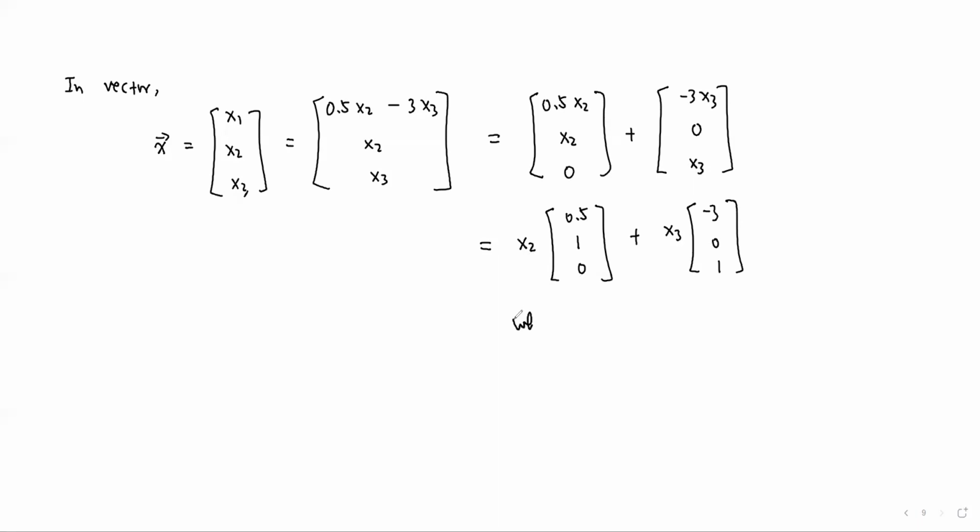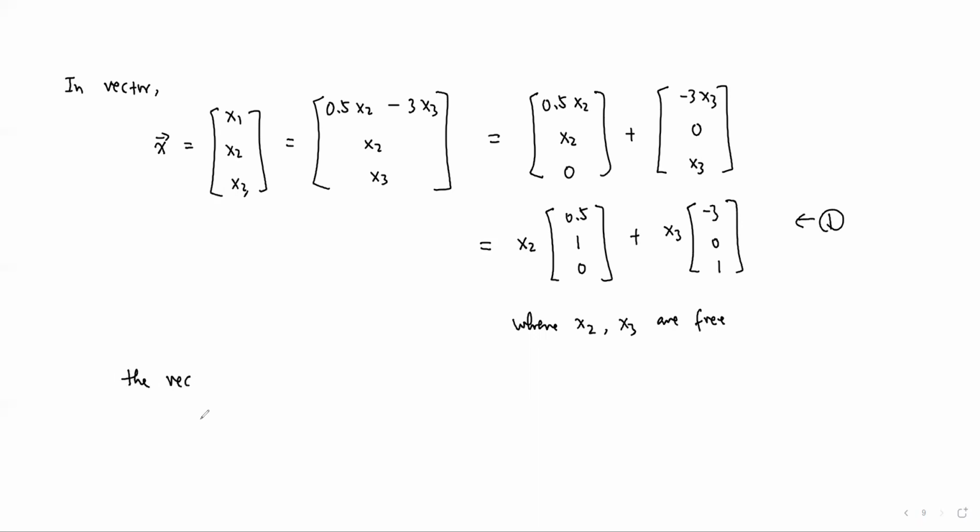These are all the eigenvectors, where x2 and x3 are free, arbitrary. We freely assign values to x2 and x3. Let me call this equation 1.